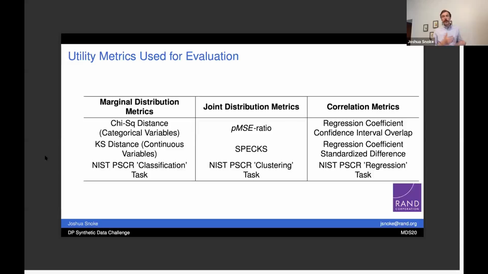The first I'll call low marginal distribution metrics, based on univariate or 3-way marginals. The joint distributional metrics are really looking at all the variables simultaneously, or a large portion of the variables simultaneously. And then the correlation metrics, which are the most specific, are saying: if I fit this one regression model on both the original and the synthetic data, how similar are my coefficients? So this is really the zoomed-in view of utility.